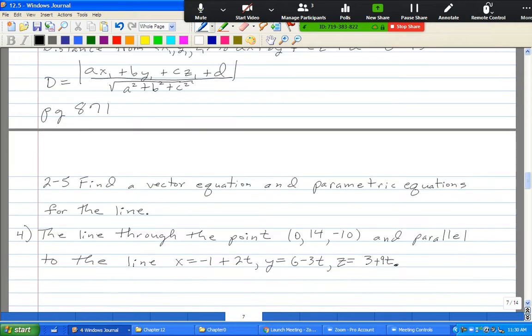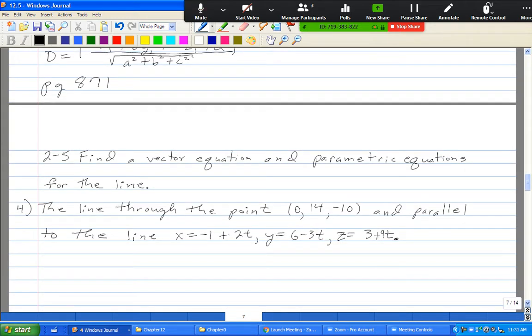Okay, so let's do that. So problem number 4: the line through the point (0, 14, -10) and parallel to the line x equaling negative 1 plus 2t, y equaling 6 minus 3t, z equaling 3 plus 9t.